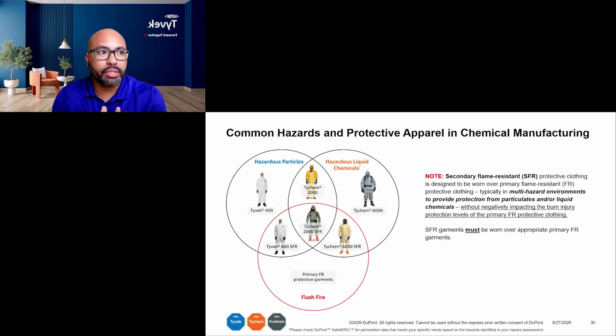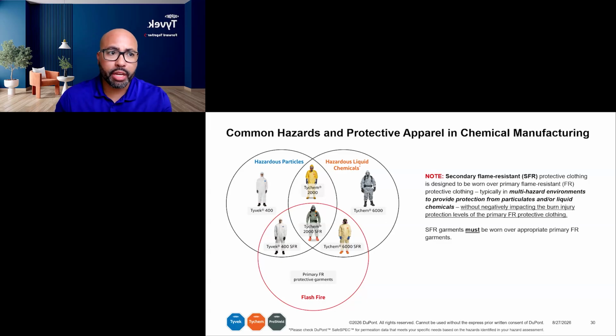If your site has hazardous liquid chemicals, like in the upper right-hand side of the Venn diagram, consider our Tychem 2000 or our Tychem 6000. However, again, if there is an FR exposure, select Tychem 2000 SFR or Tychem 6000 SFR.